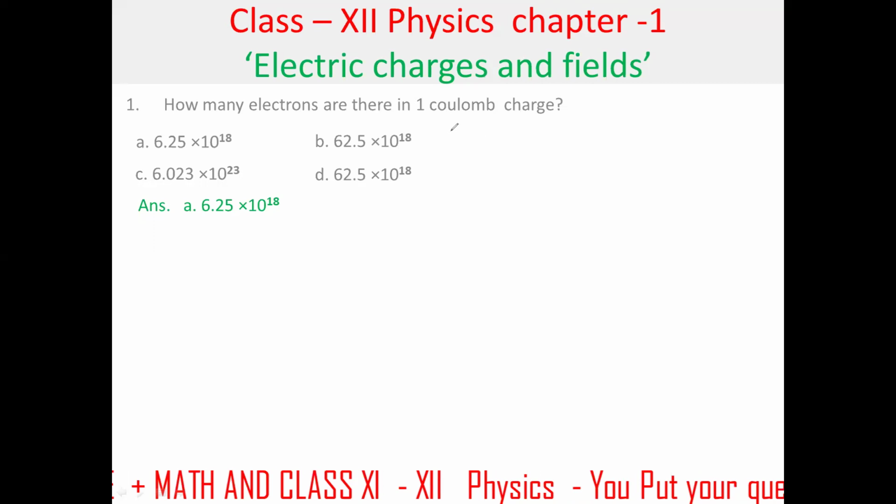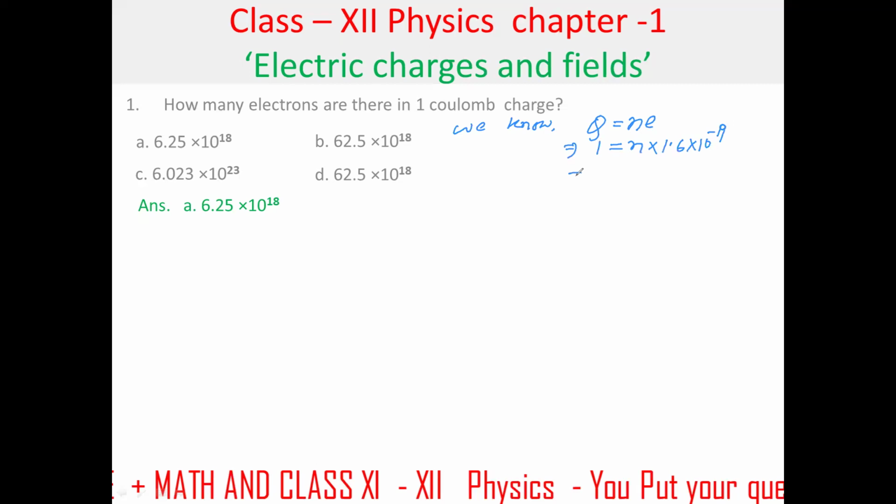See, we know total charge Q equal to N into E. So here you see the amount of charge is 1 coulomb. So instead of Q we can write 1, and N is the number of electrons, and E is 1.6 into 10 to the power minus 19.